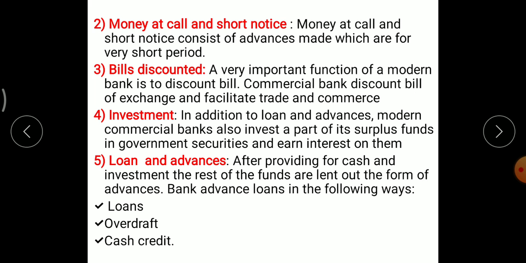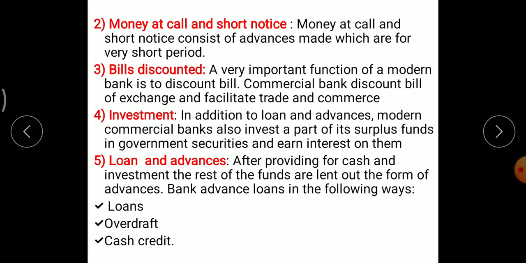Loans and advances. After providing for cash and investments, the rest of the funds are lent out in the form of advances. If the bank does not lend the money deposited by others, how can it pay interest on the deposits to the depositors? So it must aim at both liquidity and profitability.